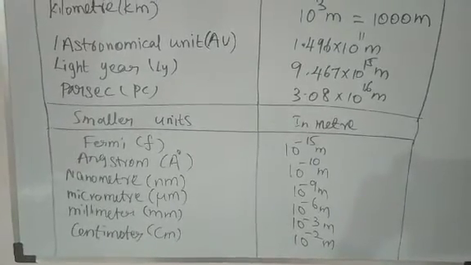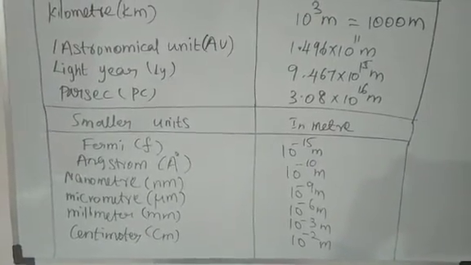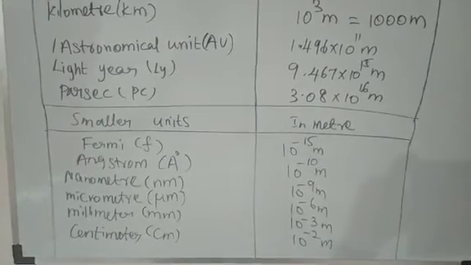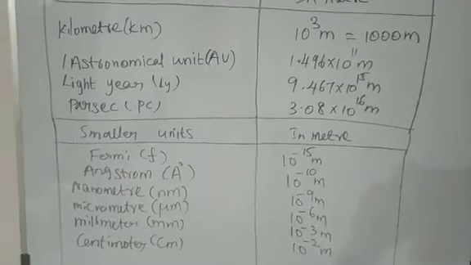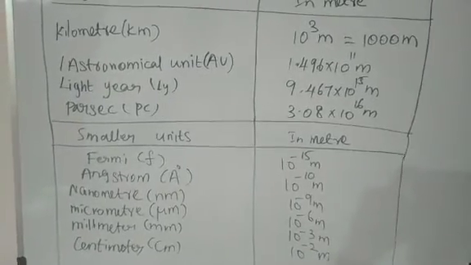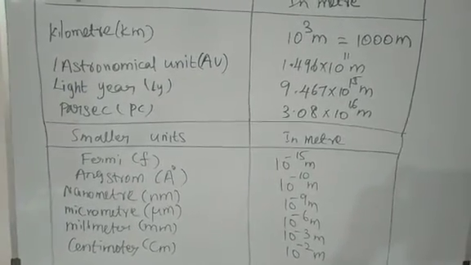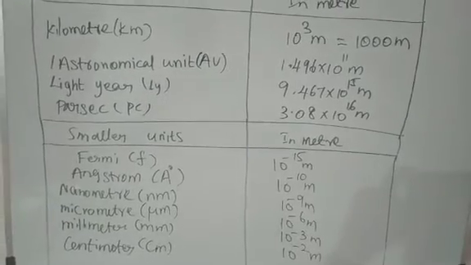One more unit is also there, picometer. Picometer means 10^-12 meter. So this is the measurement for larger and smaller distances in meters.